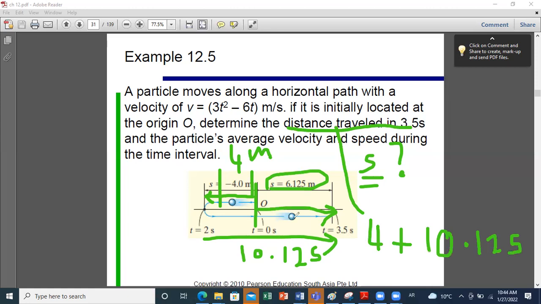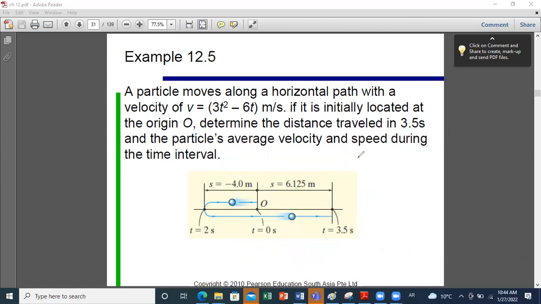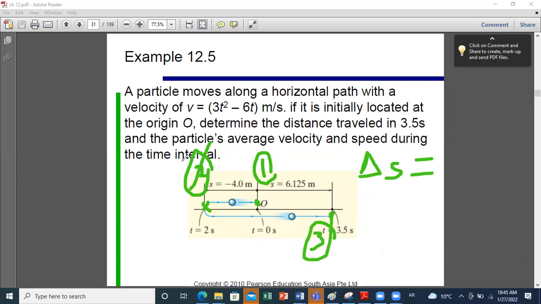While if I calculate the displacement, what will be the value of the displacement here? Delta S, 6.125. Exactly. If I just want to know the displacement, if I name my points, let's say this is point 1, this is point 2, and this is point 3, delta S between 0 and 3.5 will not take into consideration point 2.